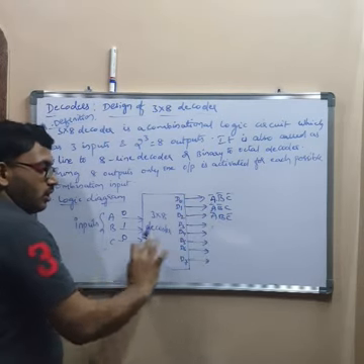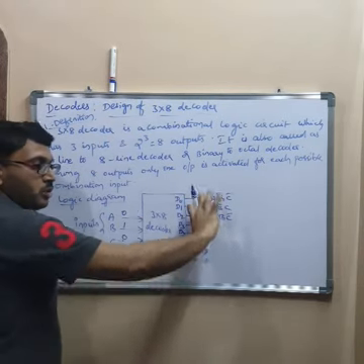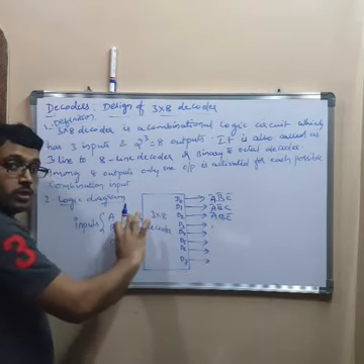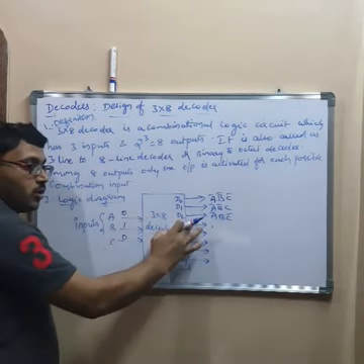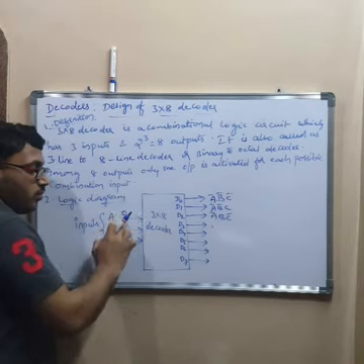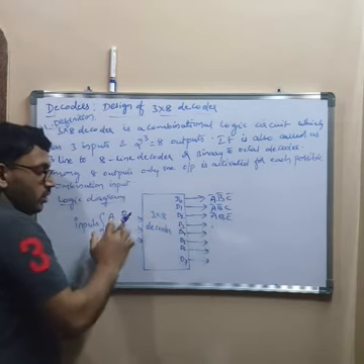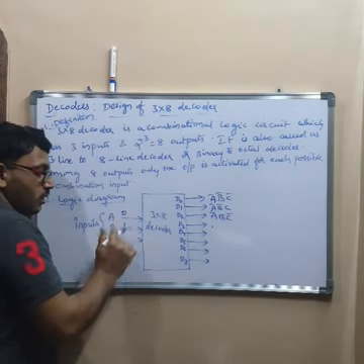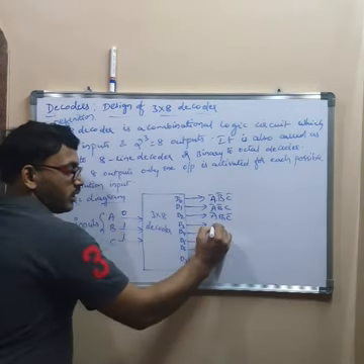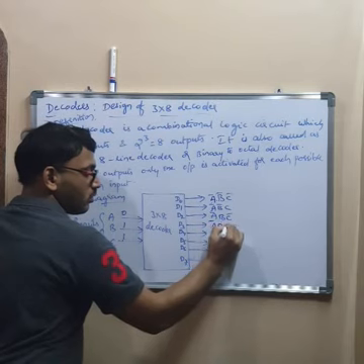So it has a total of 3 inputs and 8 outputs. Among these 8 outputs, based on the combination of applied input, the corresponding output is decoded. If the combination is 0, 1, 0, D2 is activated in the output. If the combination is 0, 1, 1, D3 is activated at the output.